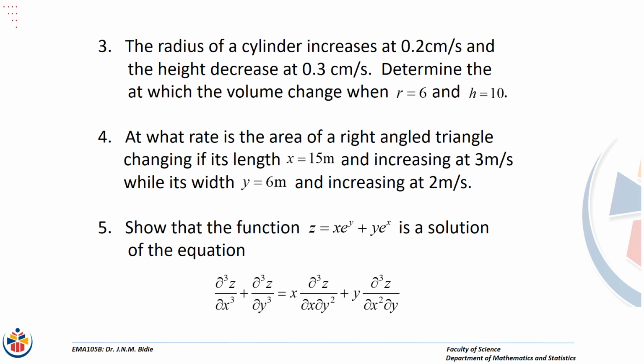You need to know. Also for number 4, we've got an area of a right-angled triangle. You need to know the formula for the area and then make those changes. Which one was increasing, which one was decreasing? So which one will be positive, which one will be negative? And the initial values, and then we get the approximate change.